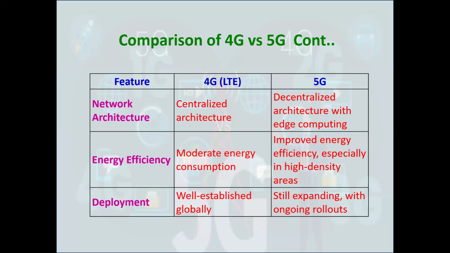Advances such as improved network design and more efficient hardware contribute to reduced power consumption while delivering higher performance, making it more sustainable in the long run. So one more time, 4G has moderate energy consumption and 5G has improved energy efficiency, especially for high density areas.